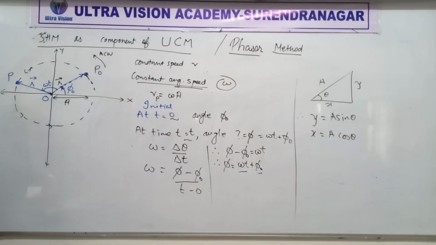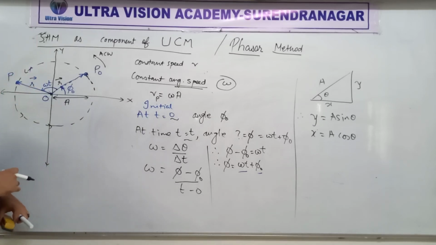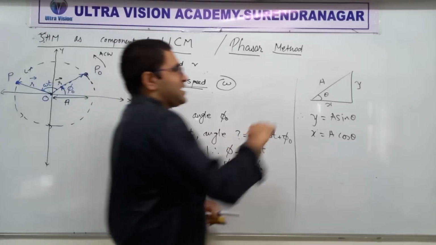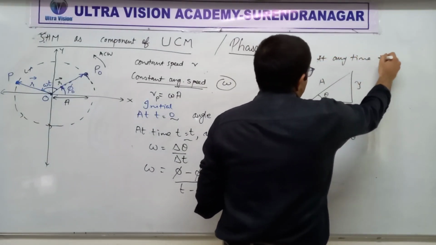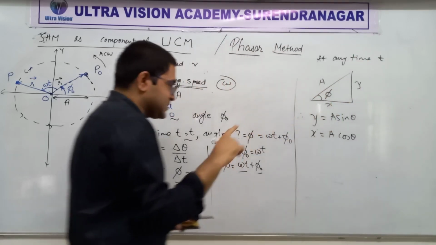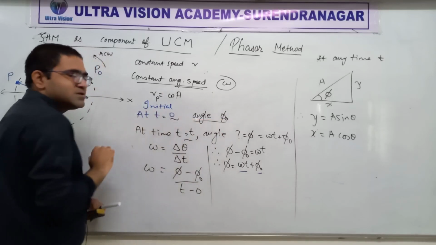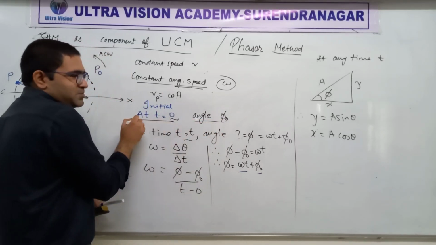Okay. So if we apply the same concept here, at any time t, whatever it is, suppose this angle is phi, not phi 0. Phi 0 is for initial angle. I hope you have seen that.